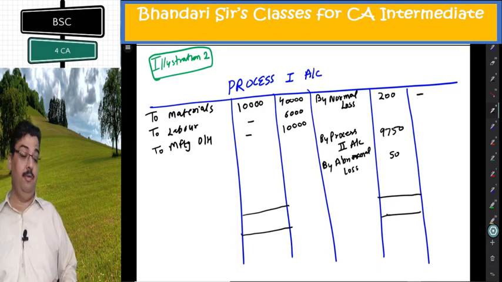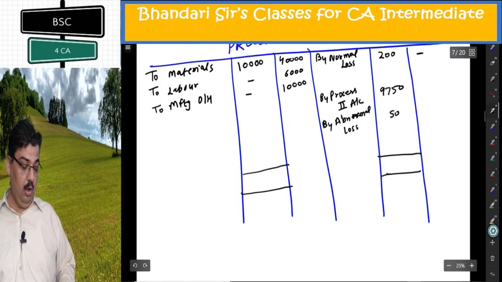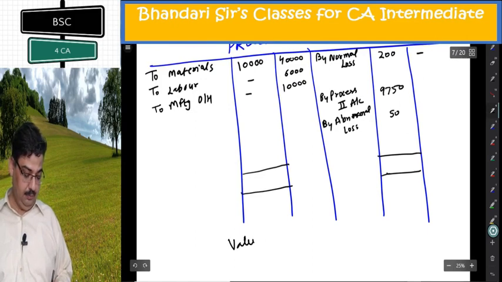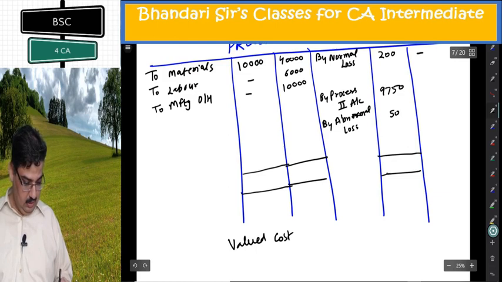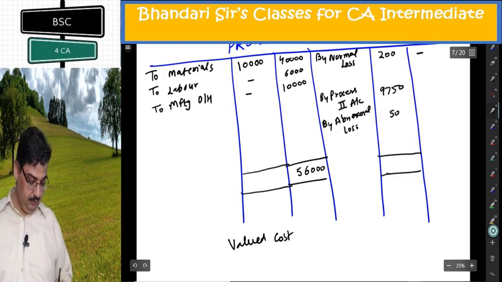They should have loss of 200, they are having loss of 250. Whatever way you look, abnormal loss is 50 units. So I compute now valued cost per unit. This is 56,000. 56,000 divided by 9800.